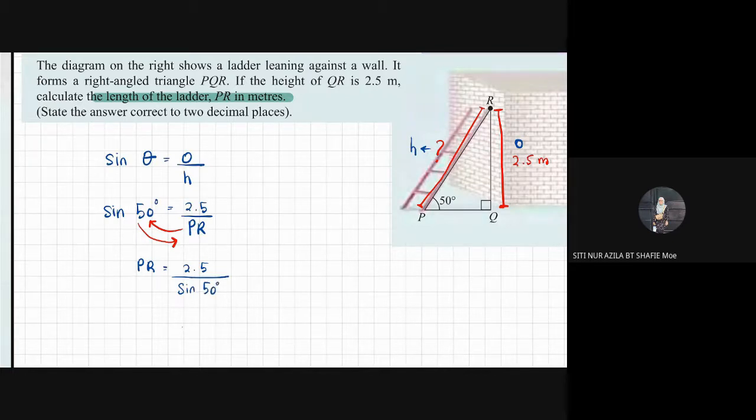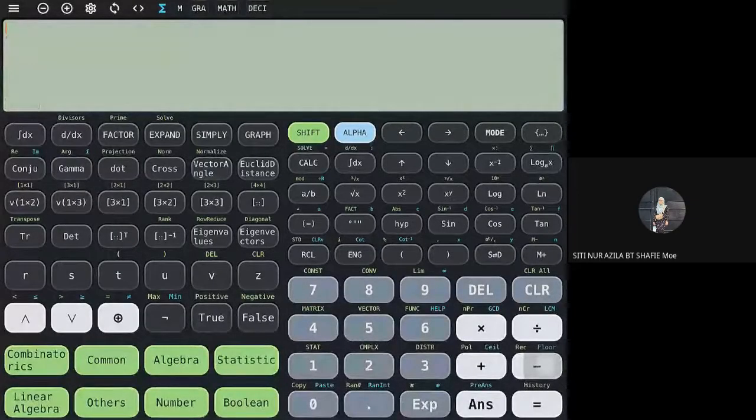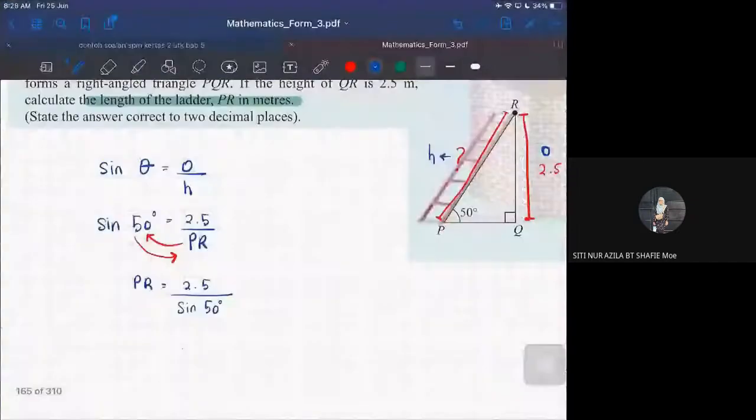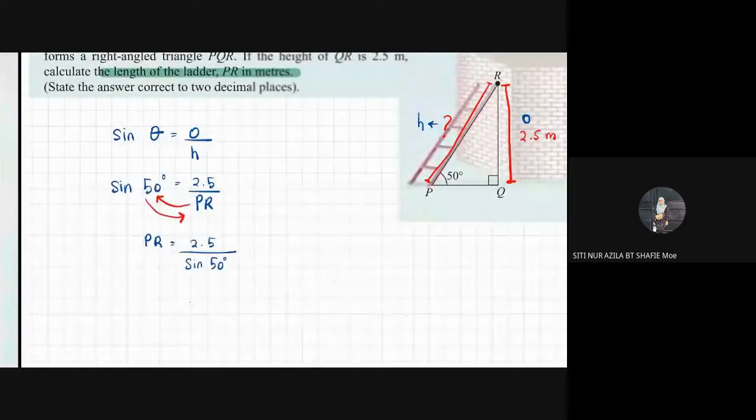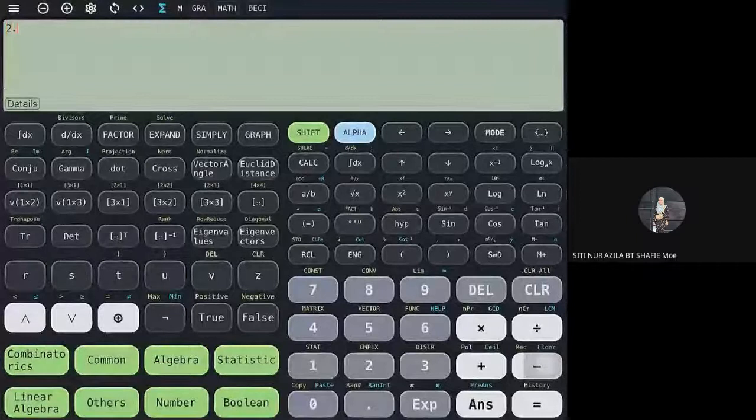Okay, so to solve this one, just use your calculator. Bring out your calculator. So write down 2.5 divided by sin 50 degree.